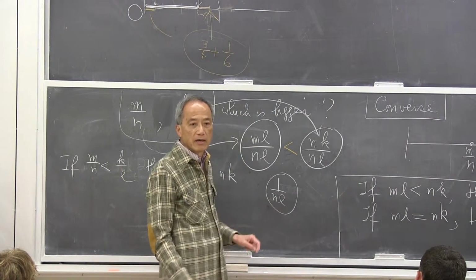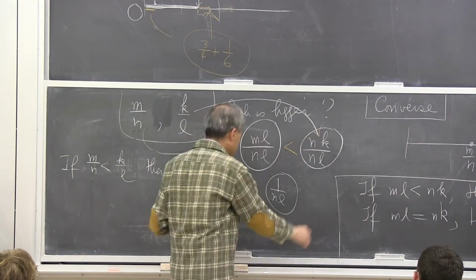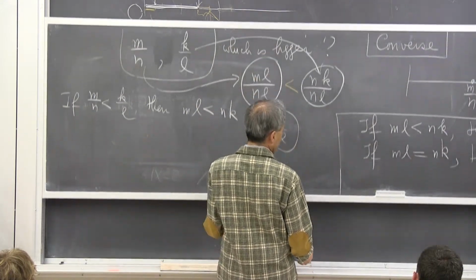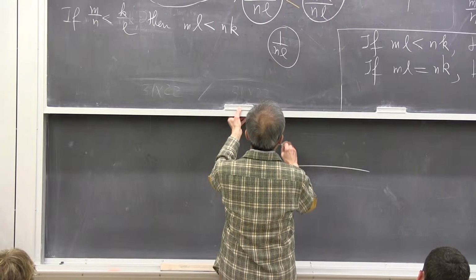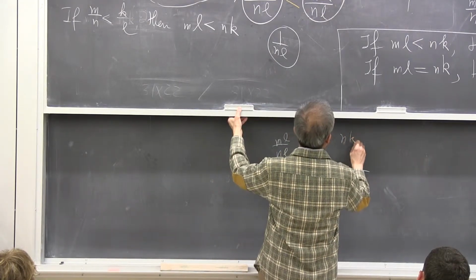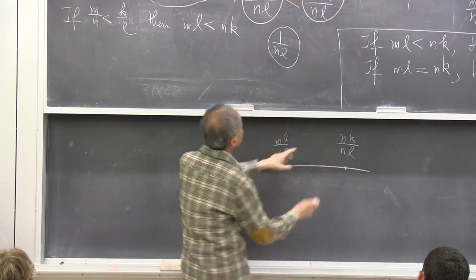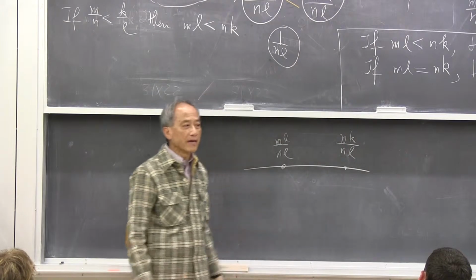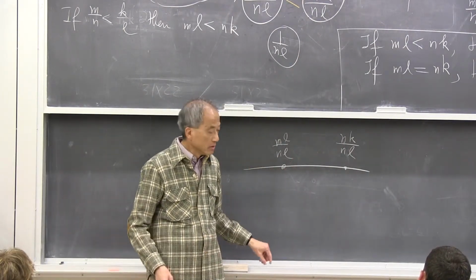Let me repeat, right? I now know this fraction is to the left of this. I know that. And these fractions are obtained how?